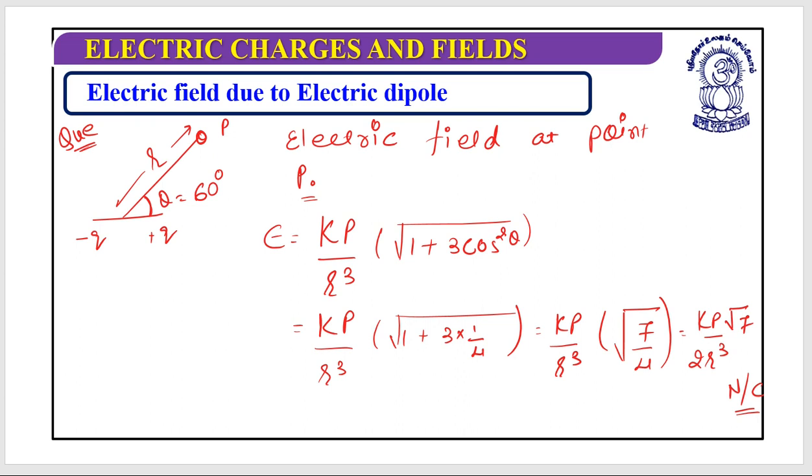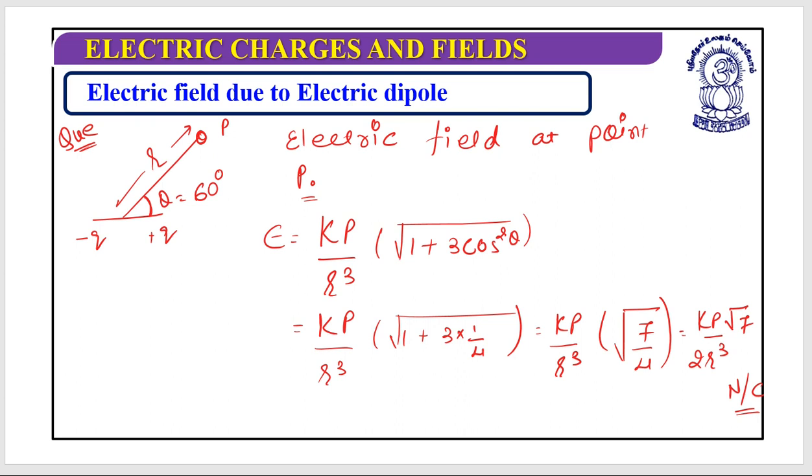We have gone through basically two cases, and one is their application. First two cases were electric field at an axial position and electric field at an equatorial position. We found their electric field value and their direction with the dipole moments, and then at last we derived a relation for electric field at any point P.